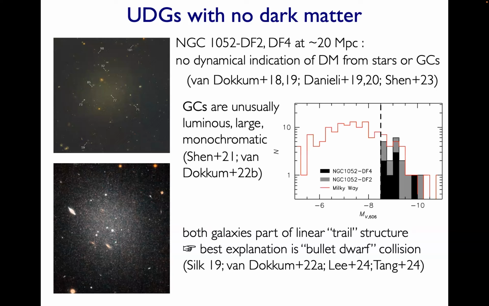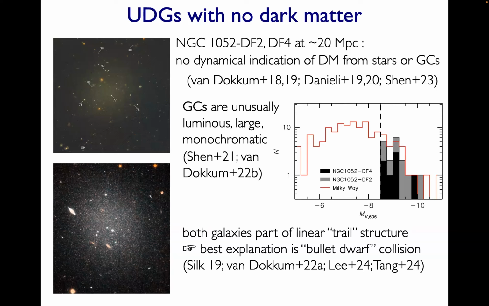It's not just the dark matter that's weird about these things; they've got very strange globular cluster systems where the clusters are unusually luminous, large, and monochromatic. It tells us that the galaxies sit in what's called a trail. Our best model for this is what's called a bullet dwarf collision, a high velocity collision of two galaxies, which I don't have time to go into, which could naturally produce all these different properties.